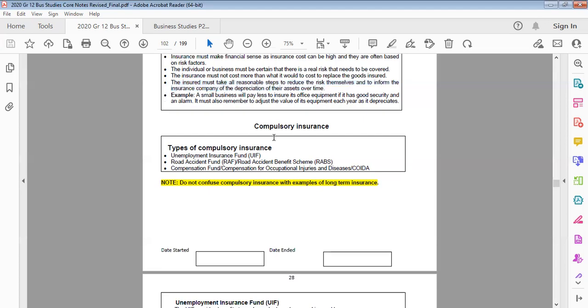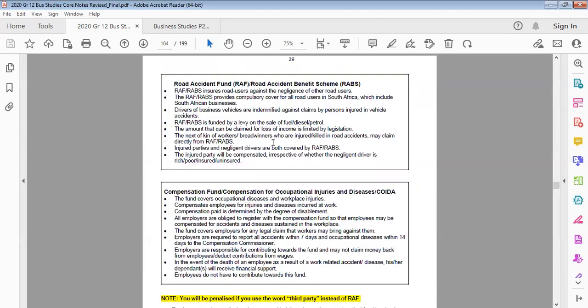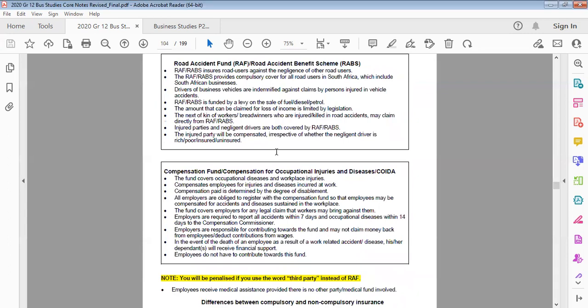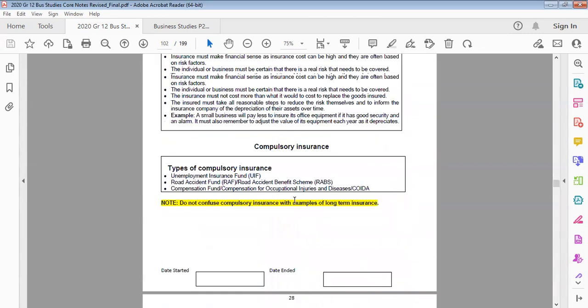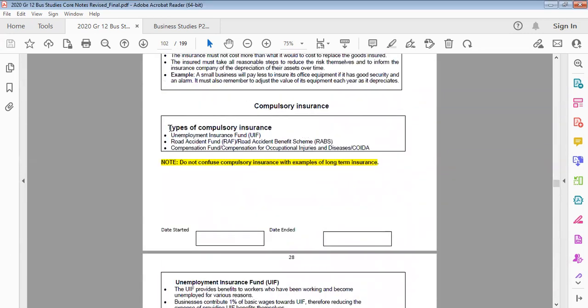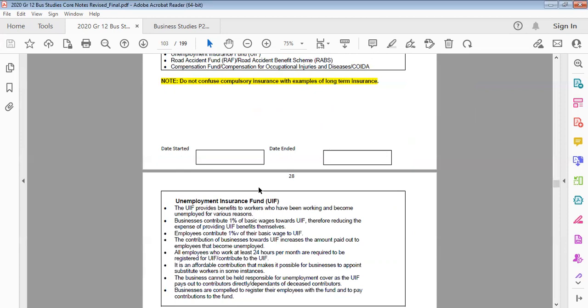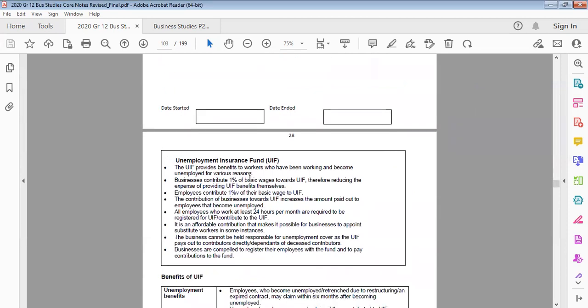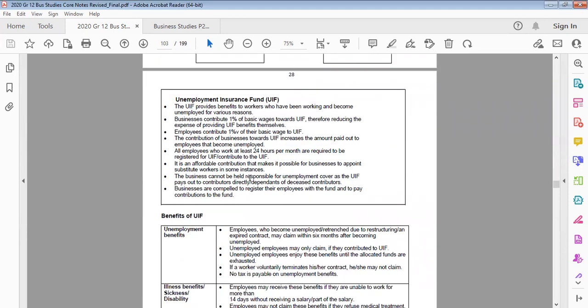Okay, and then we're moving on to our last section, which is compulsory and non-compulsory insurance. There are your types of compulsory insurance: COIDA, RABS, and UIF. UIF, we all know, is part of our benefits when we get appointed a job.